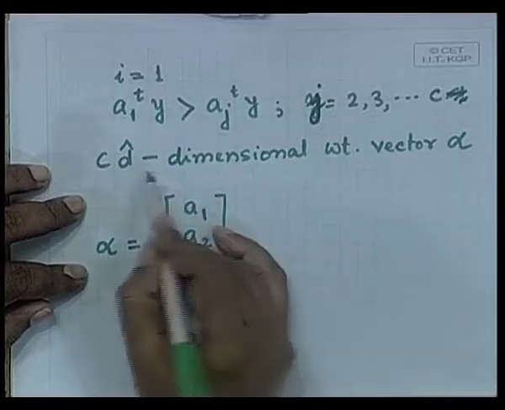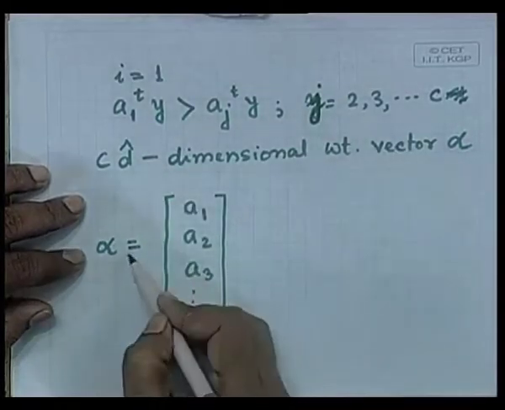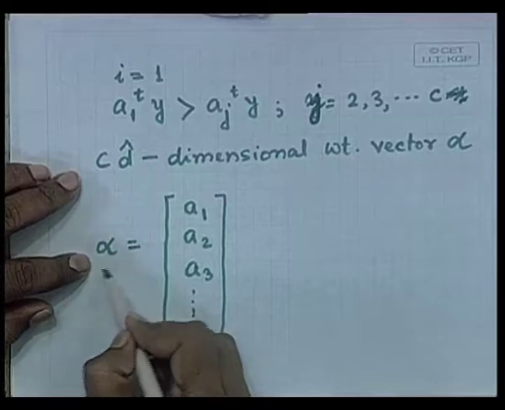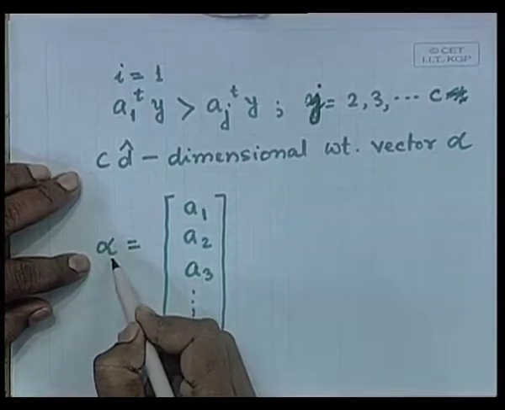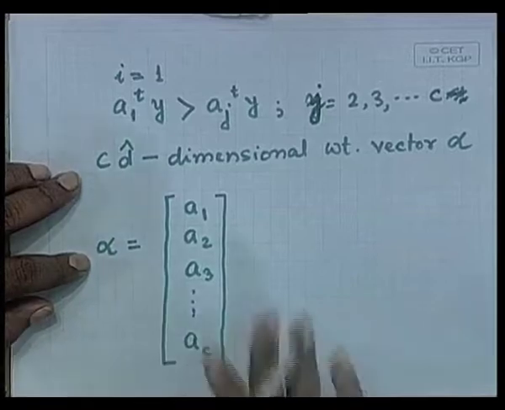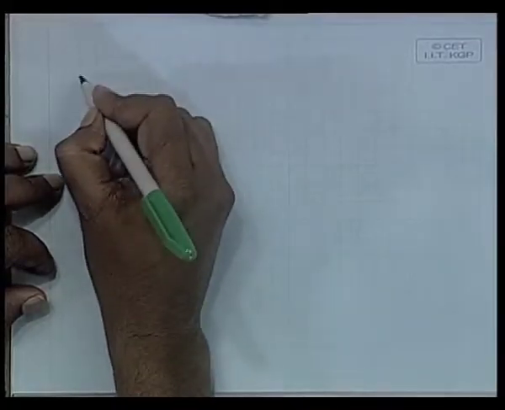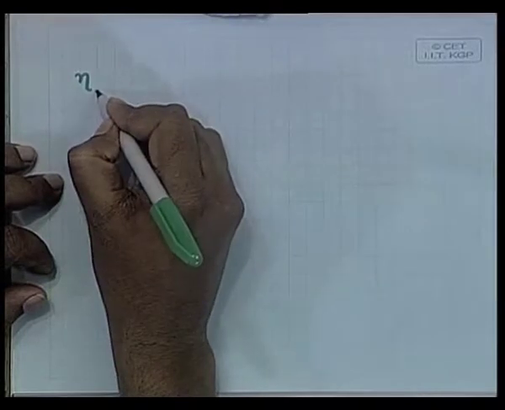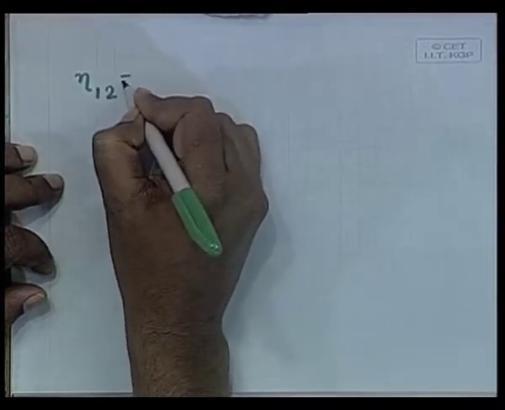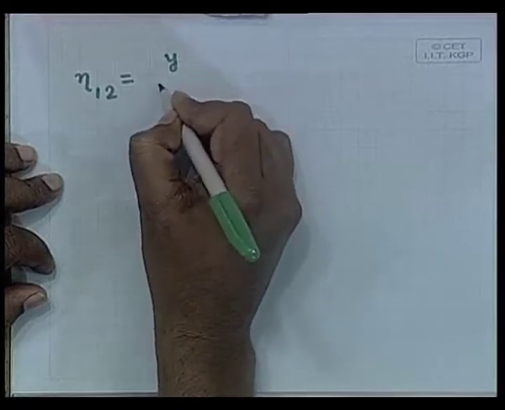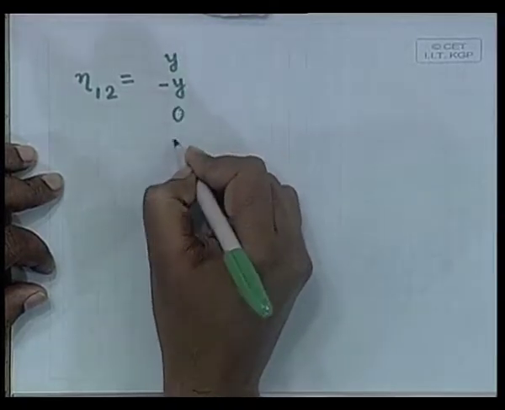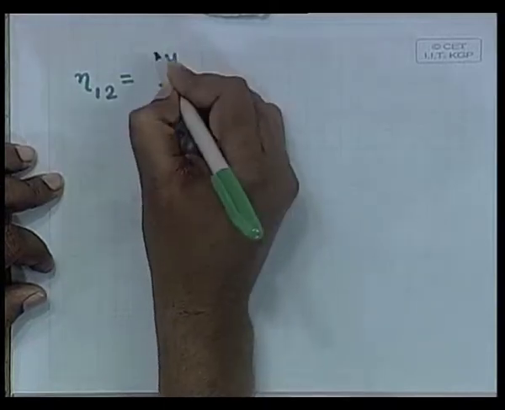Equivalently, this c into d hat dimensional weight vector alpha will properly classify all the c minus 1 feature vectors, where the feature vectors are of the form: eta 1 2 is y, minus y, 0, 0, 0.